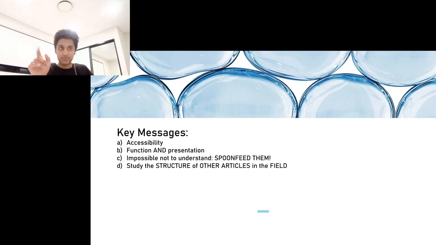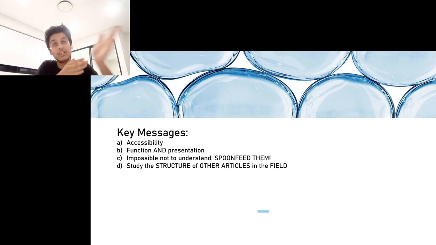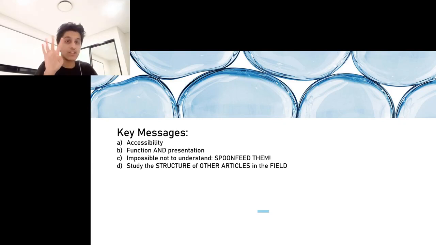Third, the aim is not simply to make it possible for the reader to understand. The aim is to make it impossible for the reader to misunderstand. And fourth, evidence-based guidance can be obtained by studying the structure and language of successfully published papers. So these four messages are what we've looked at before.